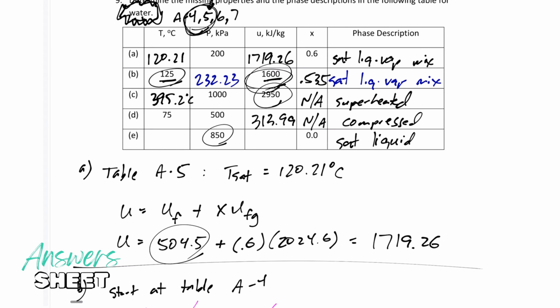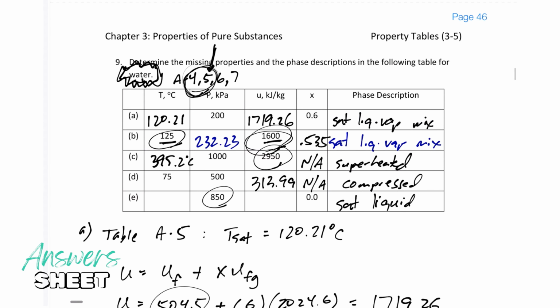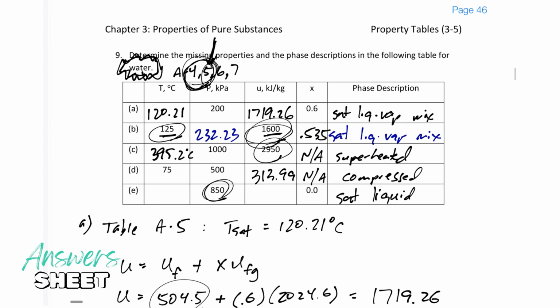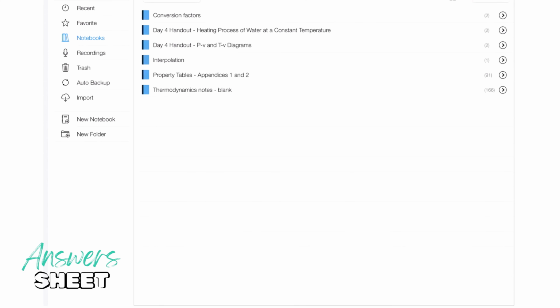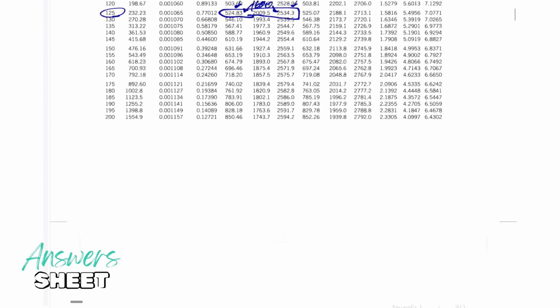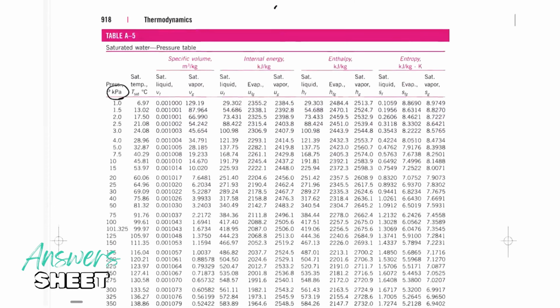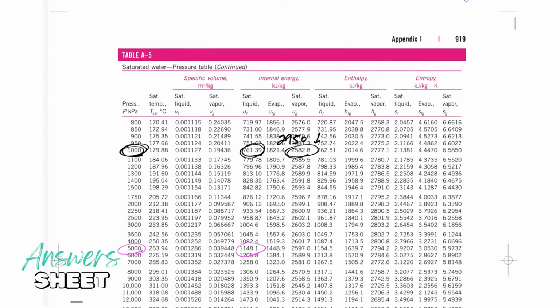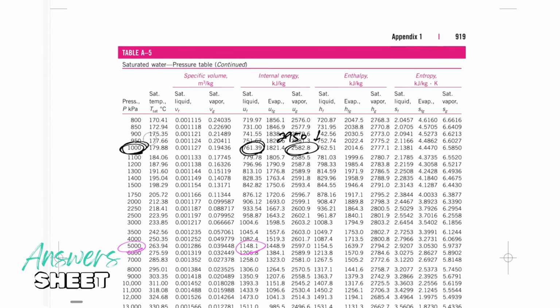Let's go to table A4 or 5, and I'm given the pressure. Pressure is A5. Let's go to table A5 for a pressure of 850 kPa, and let's just read the UF value. Let's just read the T-sat value. I think this is going to be an easy one. All right, table A5, property tables, for a pressure of 850 kPa.